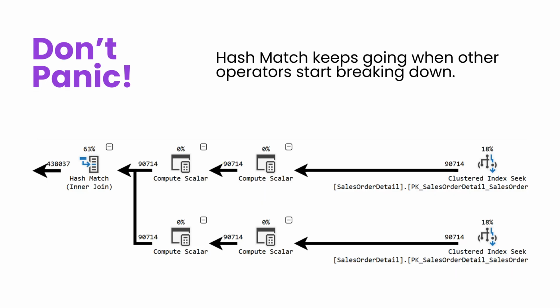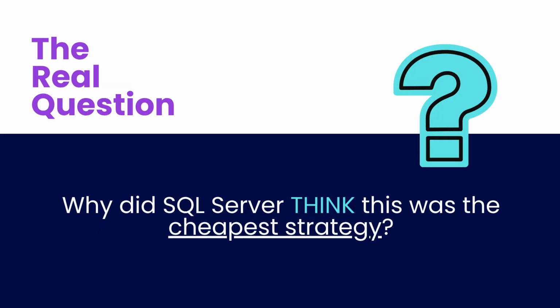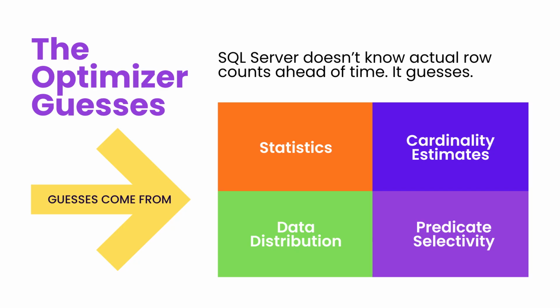If you see hash match in a plan, don't panic. Not yet. Because the real question is, why did SQL Server think this was the cheapest strategy? And that's the question advanced performance tuners ask. SQL Server doesn't know actual row counts ahead of time.